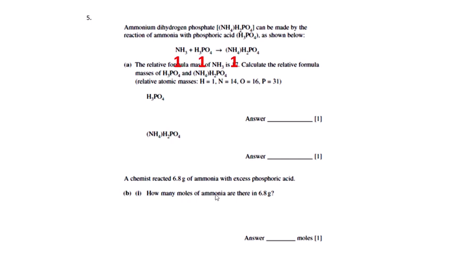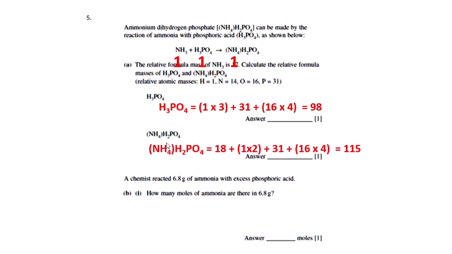So ratios. Although they've given you a complicated formula as the product there, it's 1 to 1 to 1. They have asked to do the 2 relative formula masses, so we'll do those quickly. H3PO4, 1 times 3, plus phosphorus, 31, plus 4 oxygen, 16 times 4, 98. So 1 mole of H3PO4 is 98.